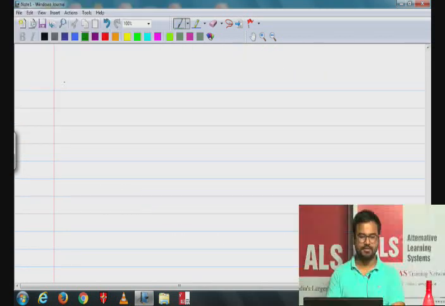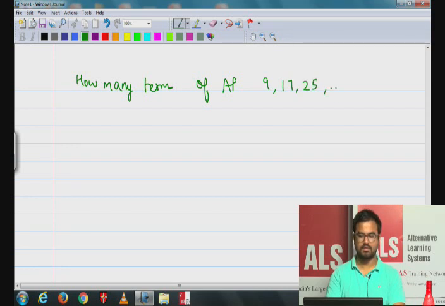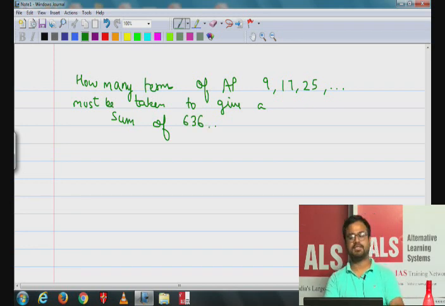And next one we can take: how many terms of AP must be taken to give a sum of 636.